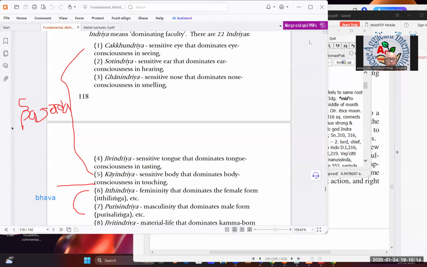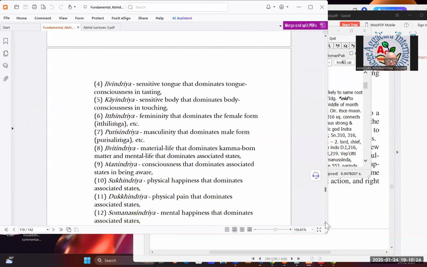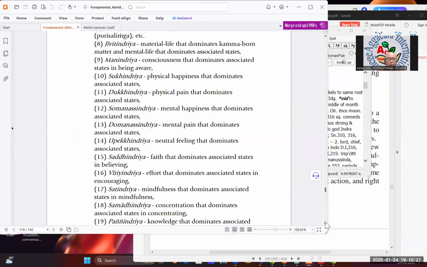Okay. So after that, right? 8 is life here, all right? But here actually there are 2. One is called material life, another is mental life. So the two terms here. In Pali, material life you can call Rupa Jivitindriya.